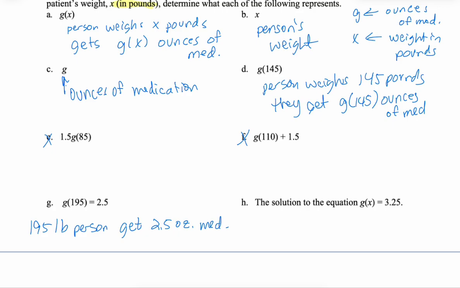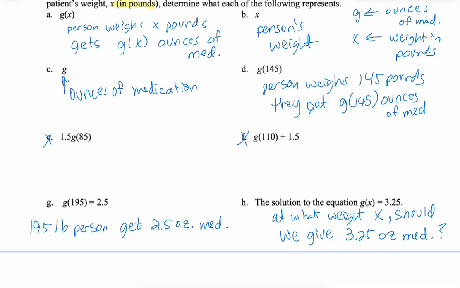Now, what H is telling us is a little different. It says the solution to G of X equals 3.25 means that at what weight X should we give 3.25 ounces of medication? That's what that solution would tell us.